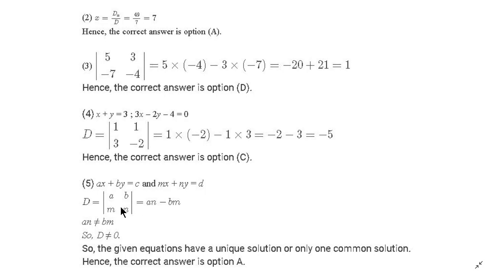Then we will find the value an minus bm. But what is given is an is not equal to bm, which means D is not equal to 0. There should be some value other than 0. So these equations have a unique solution or one common solution. Hence the correct answer is 1, A.